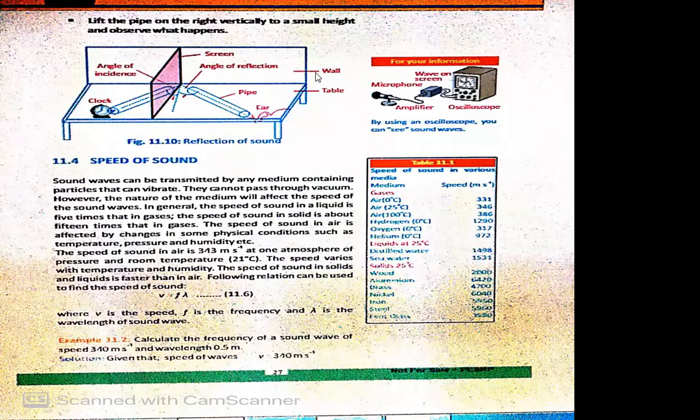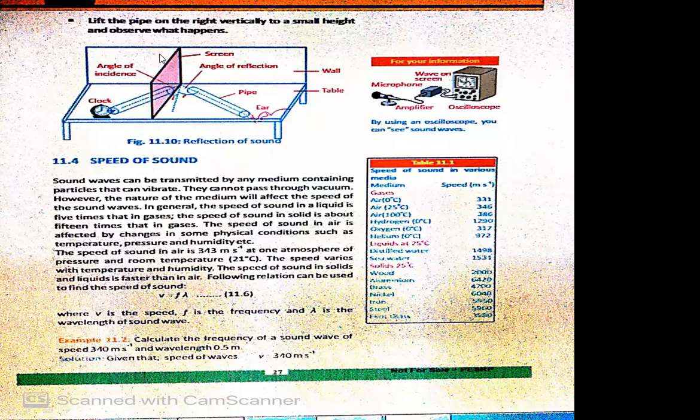So he is saying this one, right? Lift the pipes on the right vertically to a small height and observe what happens. In this case, this is one pipe and this is another pipe, and they are positioned with the wall between them.